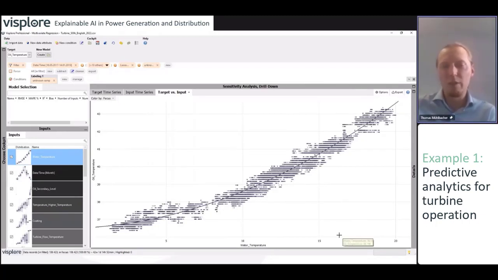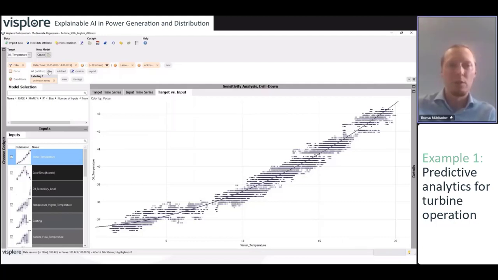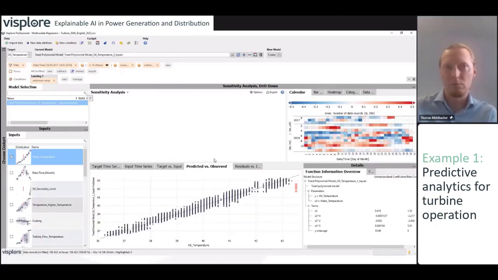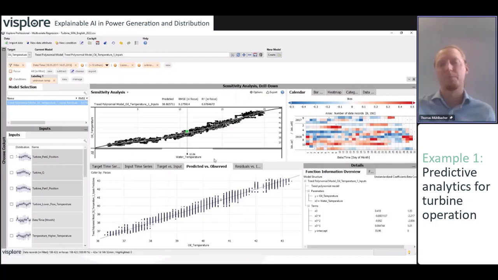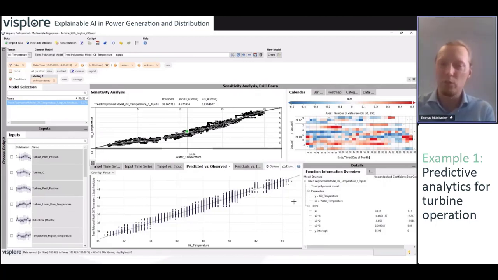And now we can actually model this here in the tool. So we can say we want to create a new regression model using the input water temperature. And by doing this, we have got a polynomial regression model here.